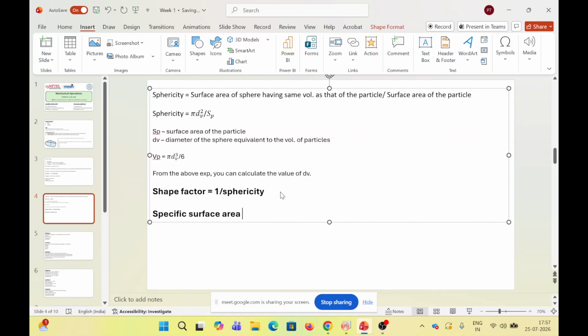So the word specific indirectly means it is a quantity with a mass factor.